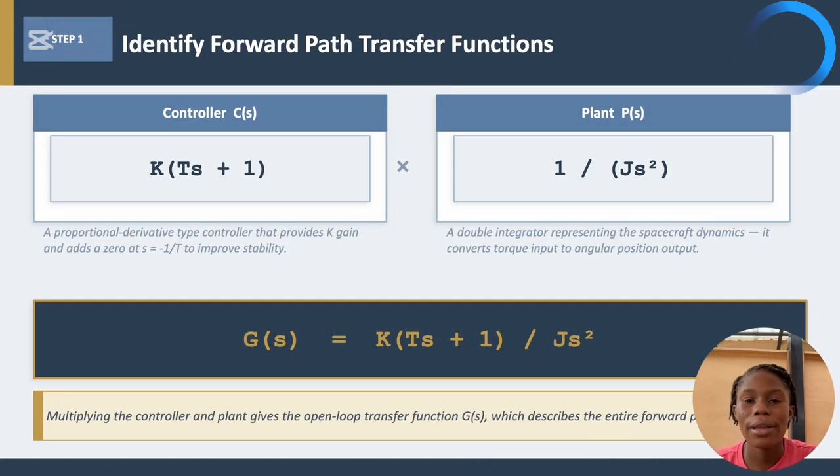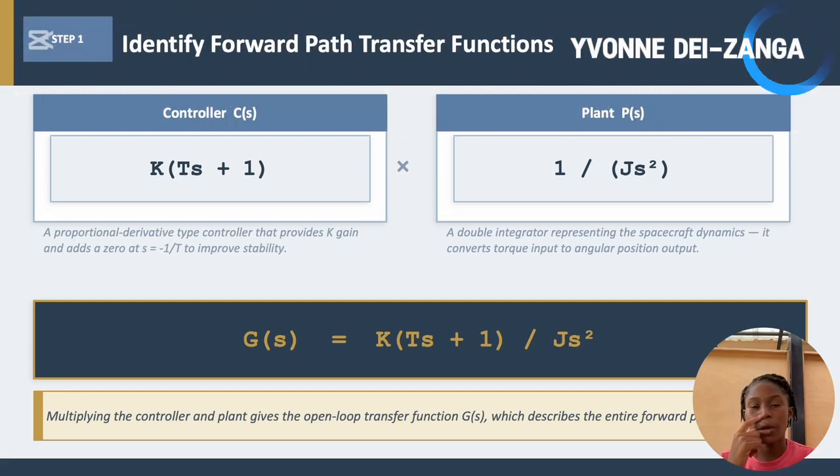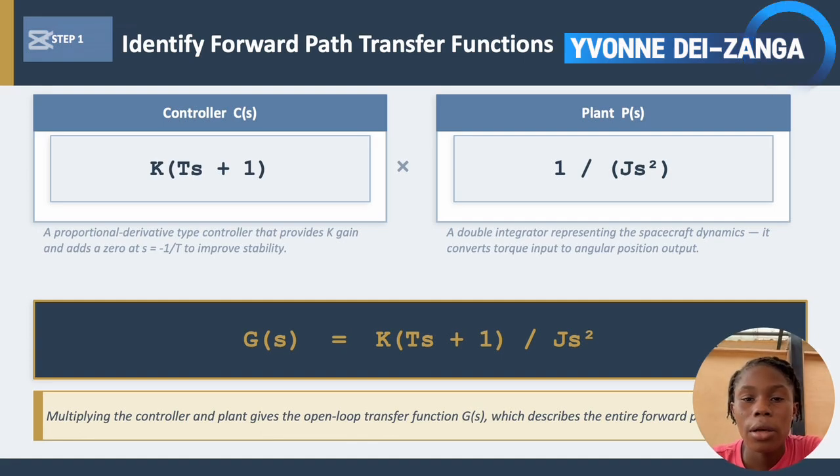Hi everyone, my name is Yvonne Deizanga, and I'll be continuing from where they ended. For this part, we are finding the forward path transfer function. We have a controller, C of S, that is K times (TS plus 1), then there's a plant, which is 1 over JS squared.